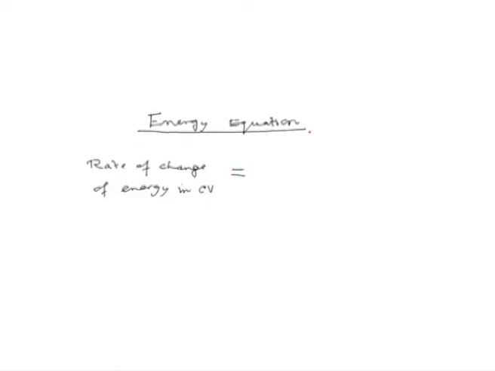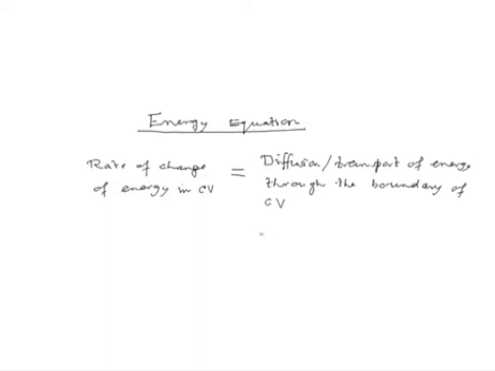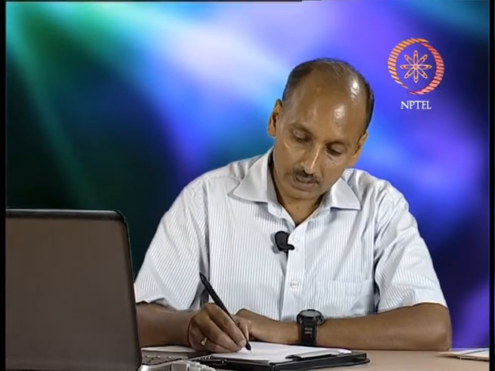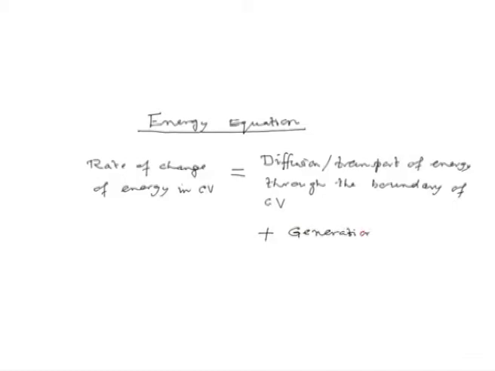This was contributed by two terms, the diffusion, or in general we can say the transport of energy through the boundary of our problem domain, plus the second one we had was the generation of energy which could be due to a chemical reaction inside the control volume.